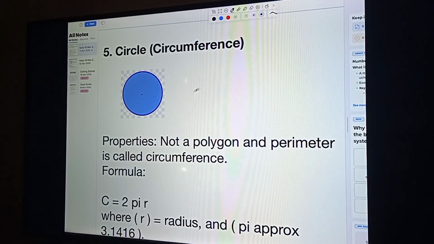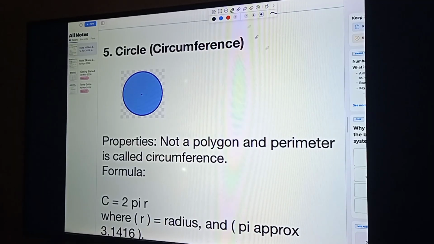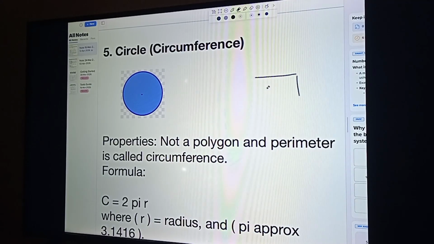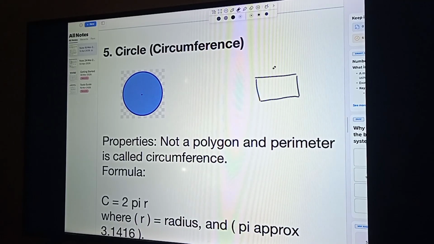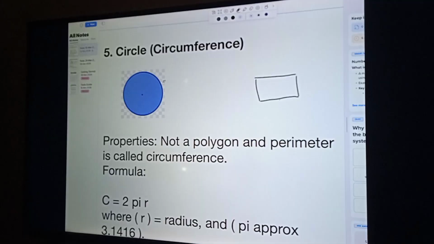A polygon is a shape made of straight line segments, like a rectangle or square. This square is made of line segments, so this is called a polygon, and we calculate the outside boundary and call it a perimeter.